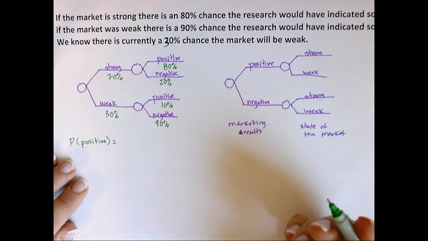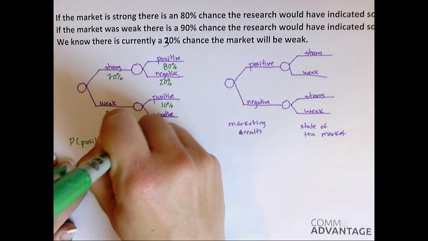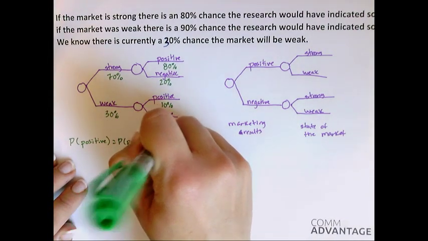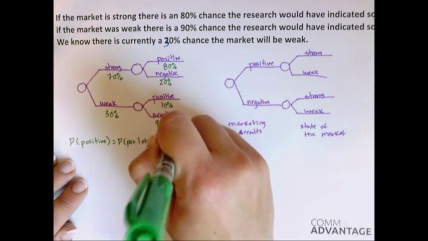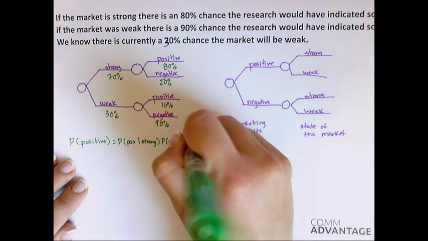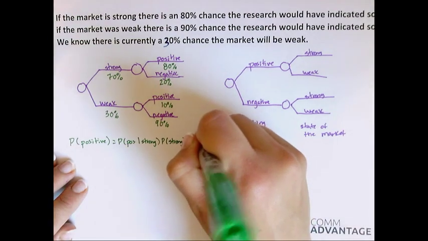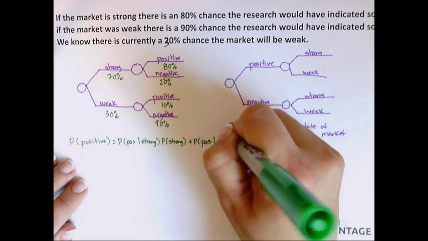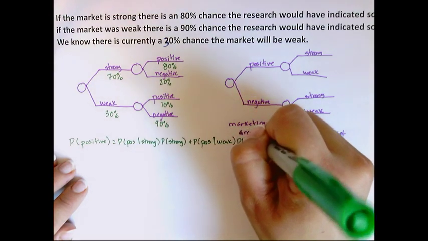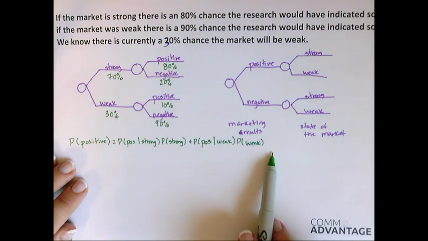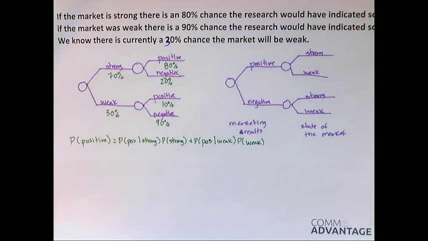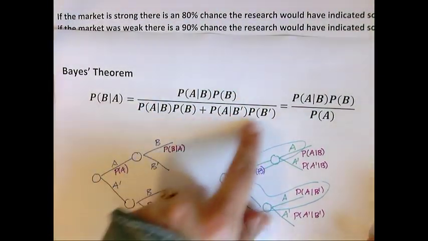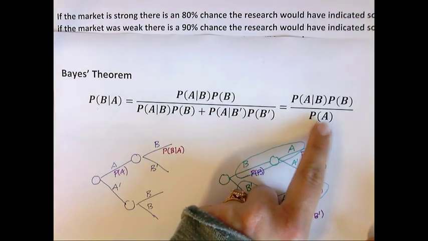So with proper notation, that's the probability of a positive result given that the economy was strong times the probability that the economy was strong plus the probability of a positive result given a weak economy times the probability of weak. All of that is just me applying the denominator of Bayes' theorem, the fact that I know that this formula here is equal to simply the probability of A.